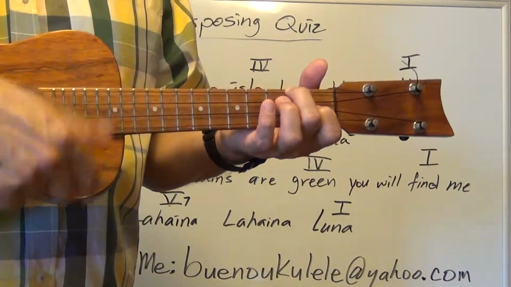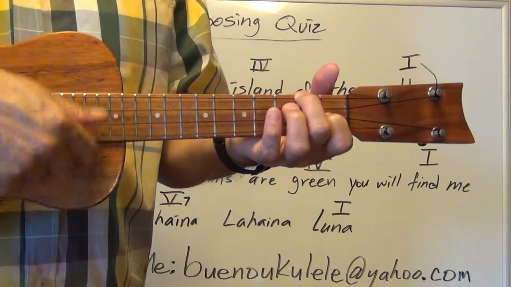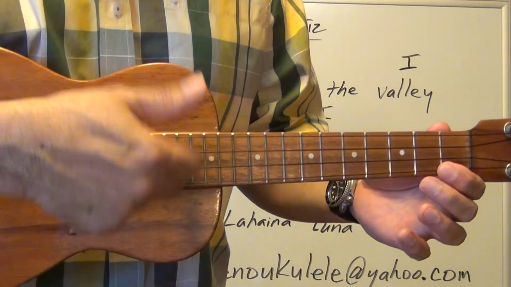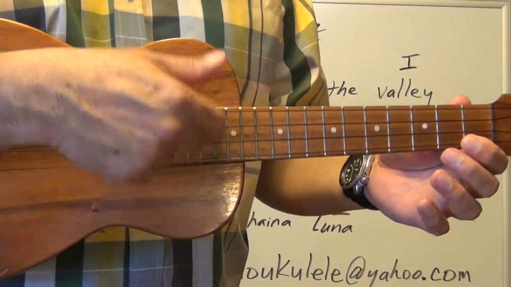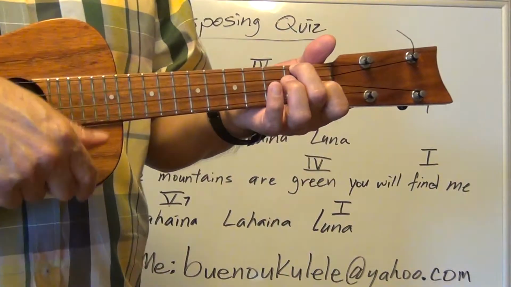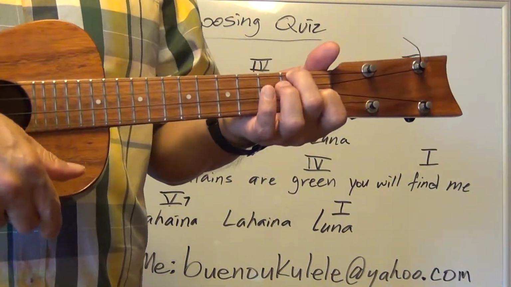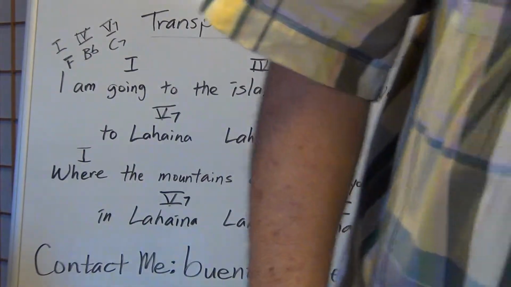Back to the 1, 5, 7, in Lahaina, Lahaina Luna. Good. Okay, now see if you can do it in G.